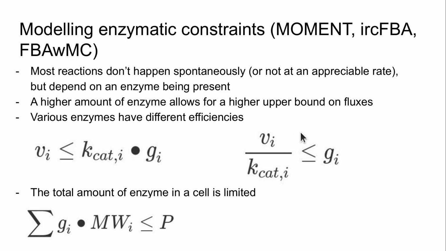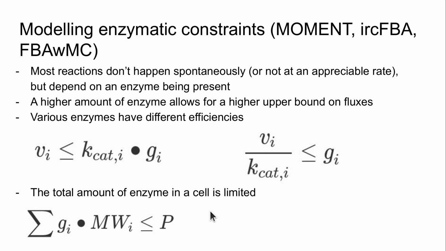Now, in addition to this fact that we have a constraint on individual fluxes based on the amount of enzyme for that flux being present, the total amount of enzyme in the cell is also limited, because an enzyme has mass, it has a certain extent of volume, and you can't have an infinite amount of enzyme in a real cell, which is going to be finite in both spatial extension and also mass.